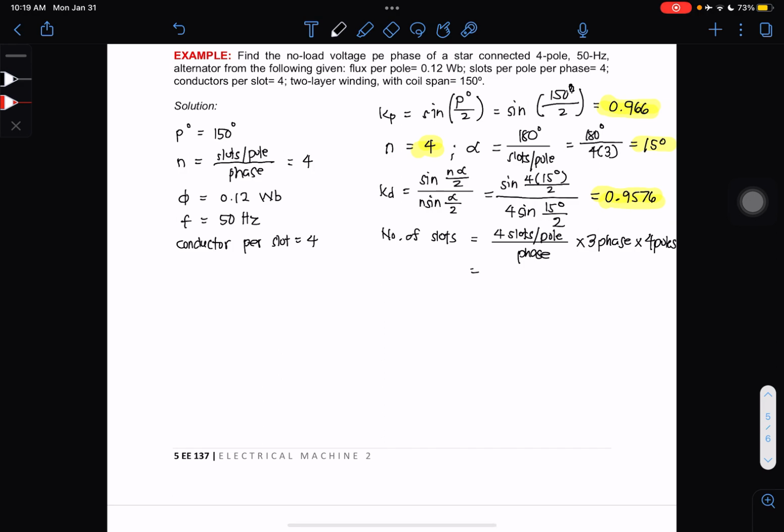So our number of slots will be 48 slots. For our conductors, we have 4 conductors per slot times the 48 slots we solved. Therefore our total conductors is 192.